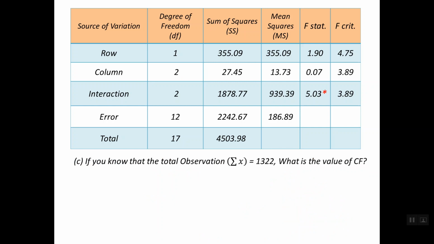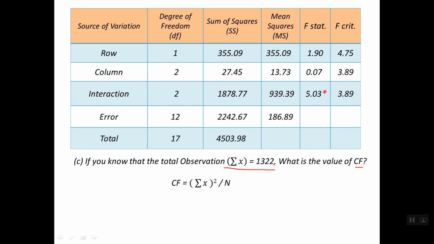This is another question. If you know that the total observation, which is the summation of the X or the observations, equals 1322, what is the value of the correction factor? You remember the formula to calculate the correction factor?